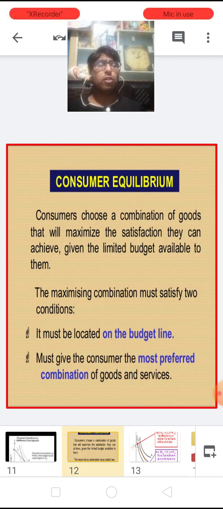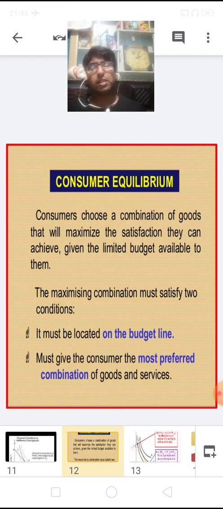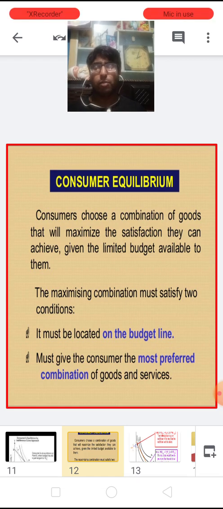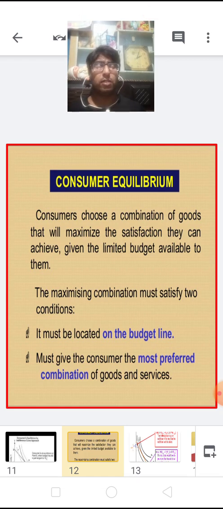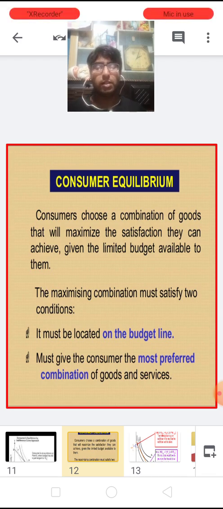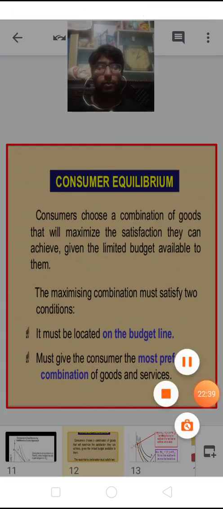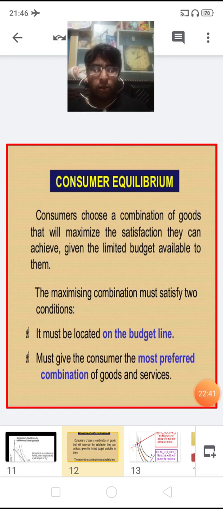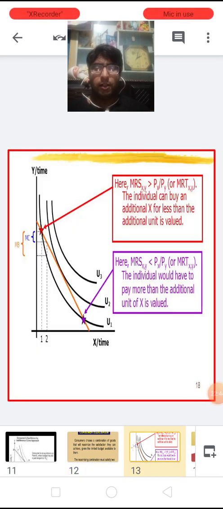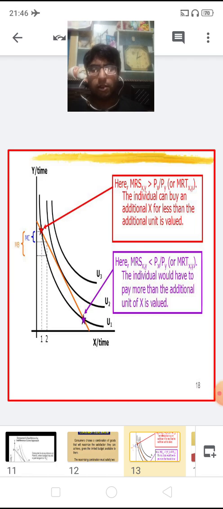So whatever satisfaction he is getting from IC2 at combination E is more than the satisfaction he gets from IC1, that is, points F and G. So children, this is basically the consumer's equilibrium point, which we have now understood.